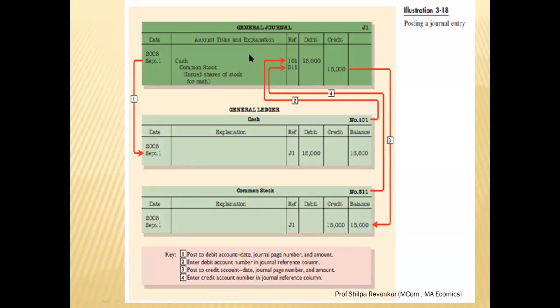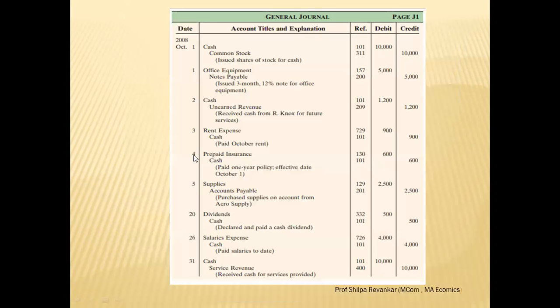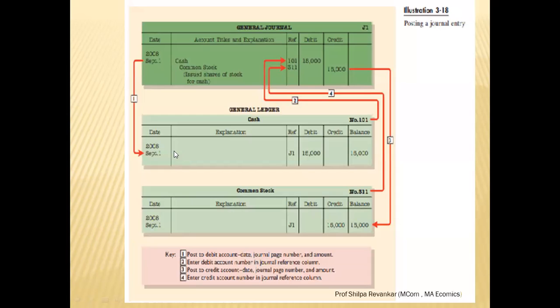So this is journalizing. Now seeing this journal, we are going to post in the ledger. I have 2 accounts here: one is cash, one is stock or capital account. Whichever date is there, I am taking the date here. In the cash account, I'm going to write on the debit side 15,000.